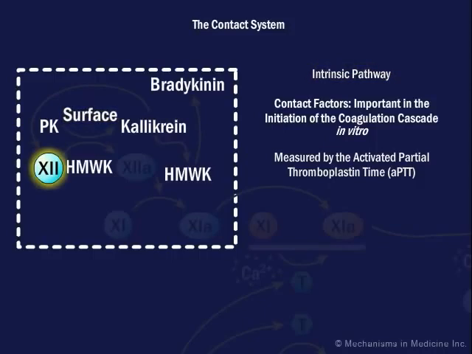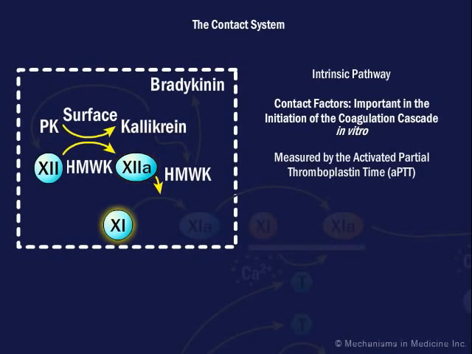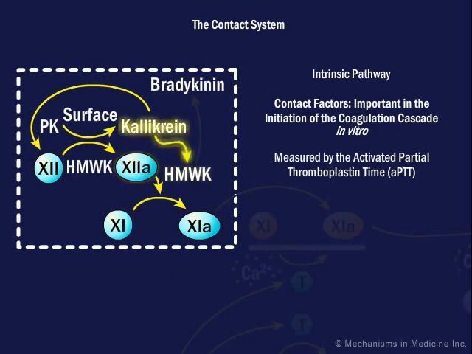Surface contact activates factor 12 to factor 12A in the presence of prekallikrein, abbreviated as PK, and high molecular weight kininogen, abbreviated as HMWK. Factor 12A converts prekallikrein to kallikrein, and factor 11 to factor 11A. Kallikrein feeds back to activate additional factor 12 and cleaves high molecular weight kininogen to release bradykinin.